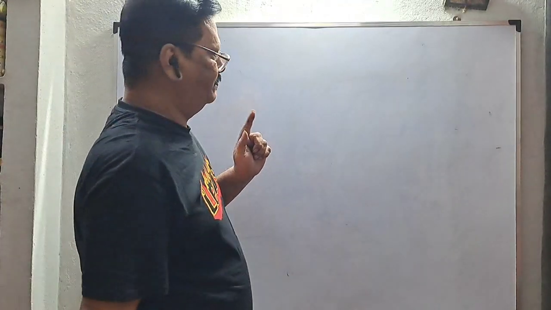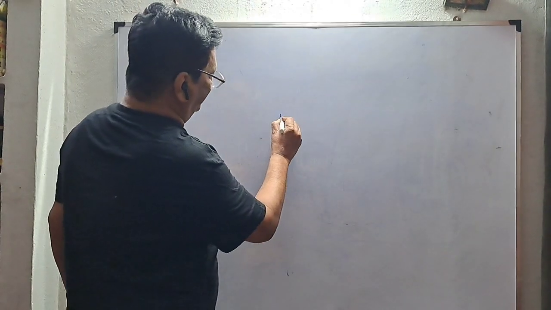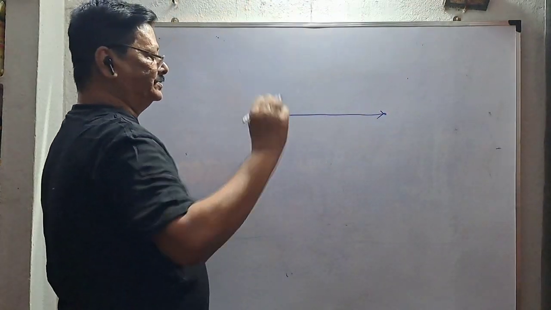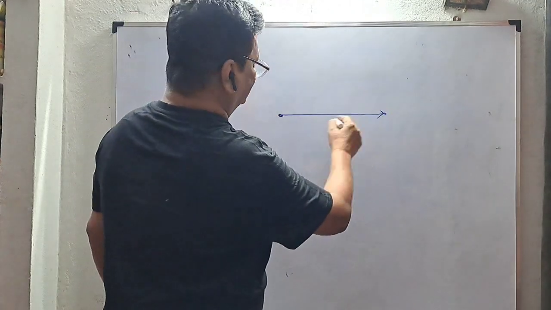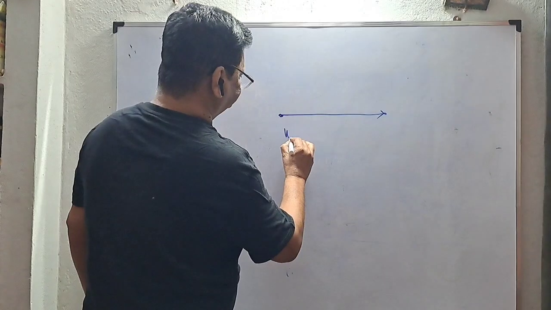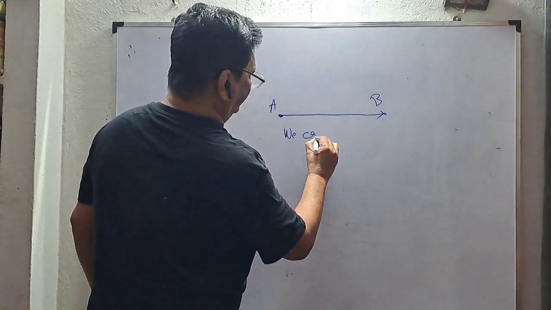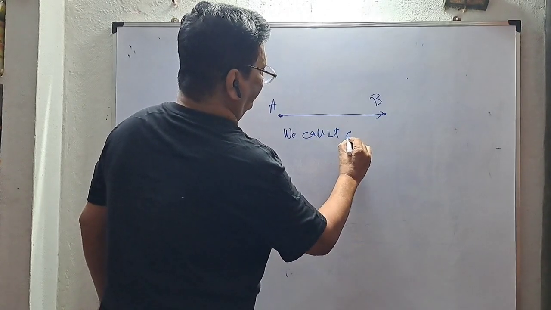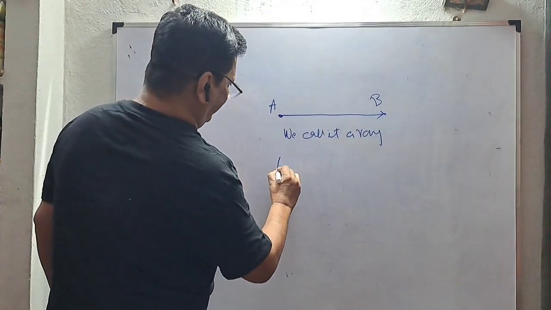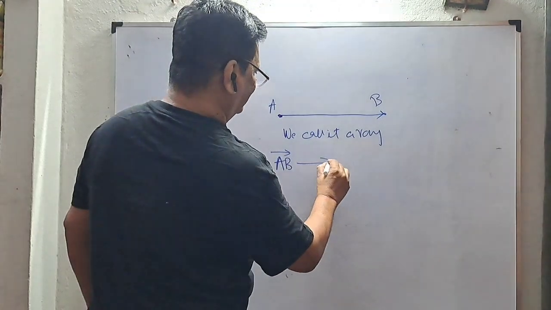So we discussed points, and now what is a ray? Suppose you have a point source and it goes like this on the right hand side to infinite distance. That means this ray does not have any fixed length. So we call it a ray, and we write it as AB, like this is the ray.